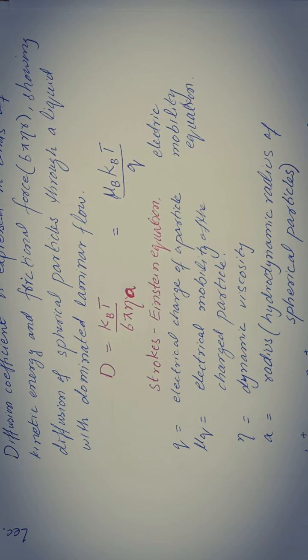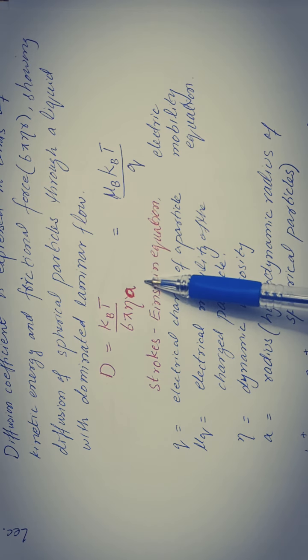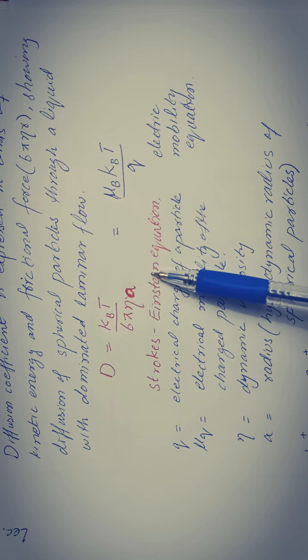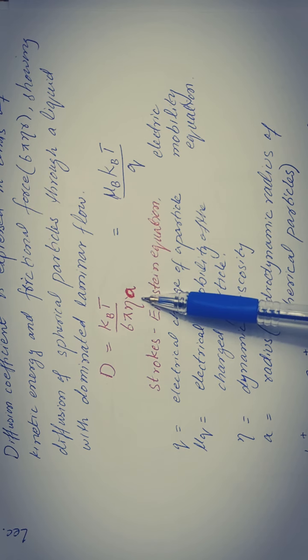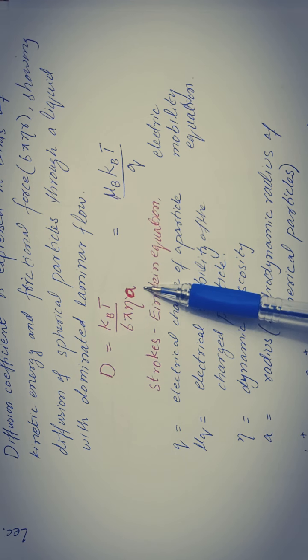Now come back to the Stokes-Einstein equation, in which A is the radius of the ion that is solvated, and it also includes aggregated solvent molecules. So this A is actually the aggregate radius. If the solvent molecules are water molecules, then it will be called the hydrodynamic radius.